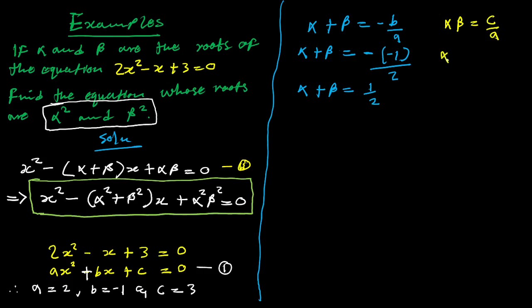So alpha beta is simply equal to, you're going to check what is c. C is 3. And what is a? It is simply 2.